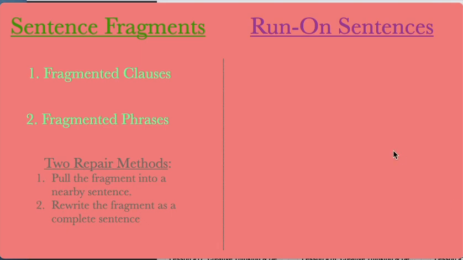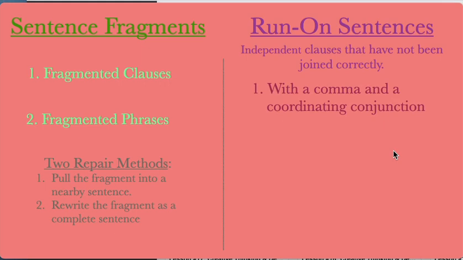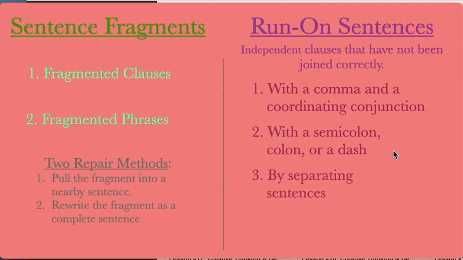We learned that run-on sentences occur as a result of independent clauses that have not been joined correctly. And we talked about the four possible corrections. First, using a comma and a coordinating conjunction. Two, using a semicolon, a colon, or a dash. Three, by separating the independent clauses into sentences. And lastly, by restructuring the sentence.